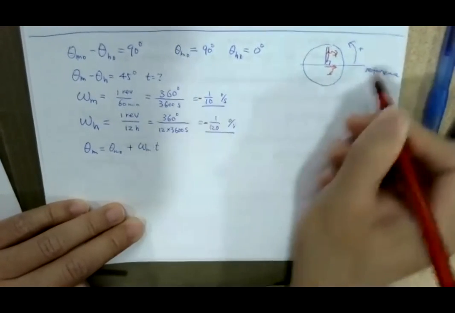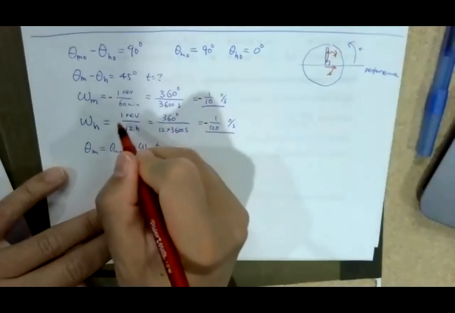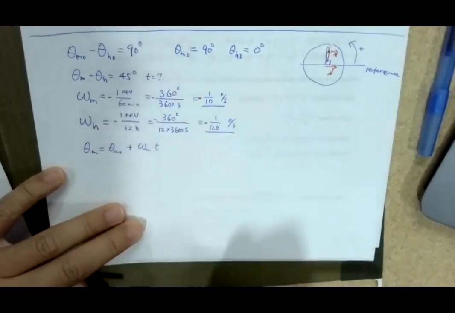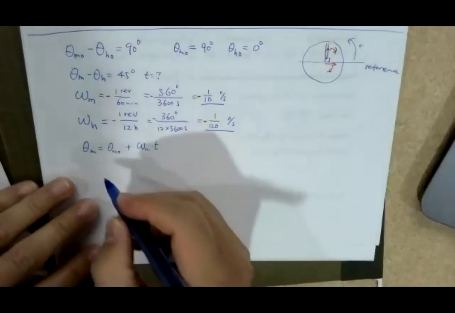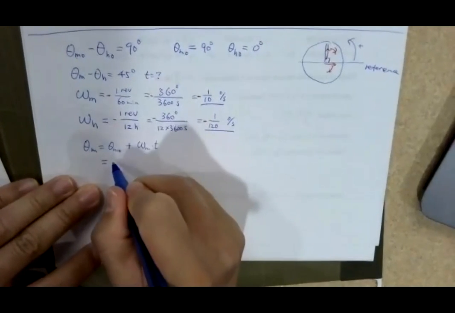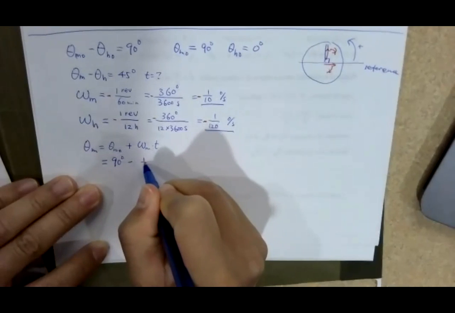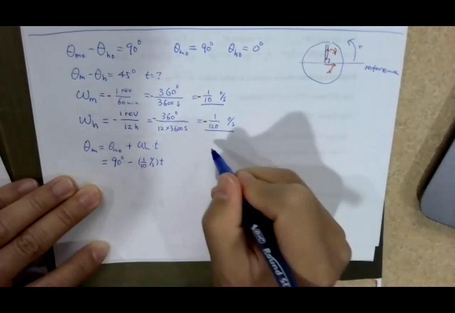If we stick to counterclockwise being positive, then those two are negative speeds. So this is equal to 90 degrees minus 1 over 10 degrees per second times t, okay?